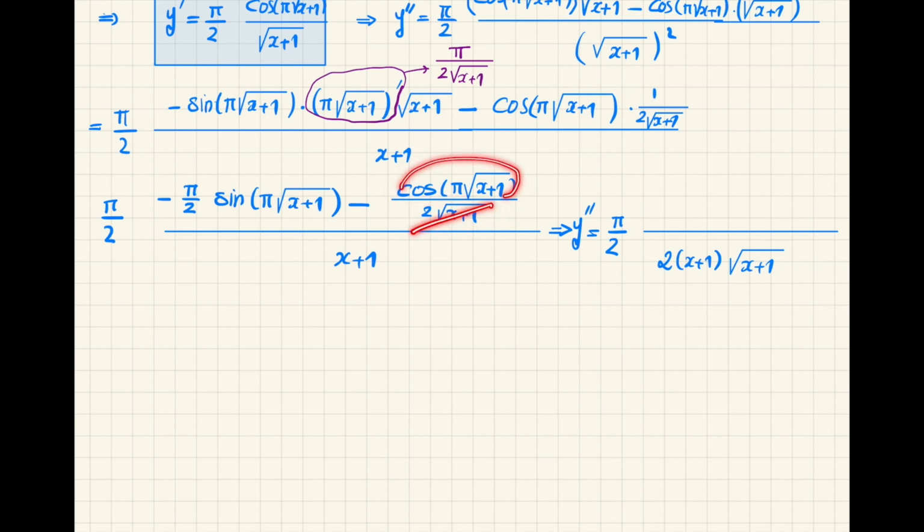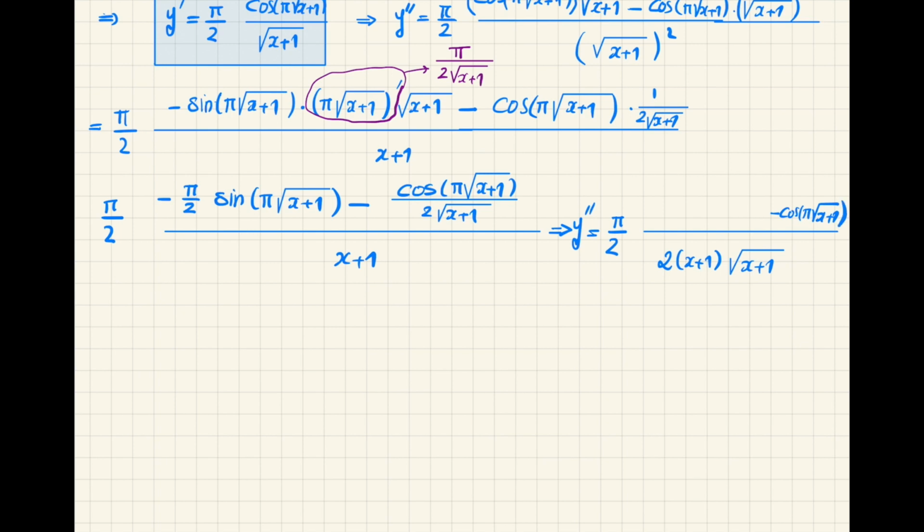What is left for me is this, and I have a negative sign. So let me write it at the very end, so it becomes minus cosine of pi square root of x plus 1. Yeah, it is not very good here. Let me clean this one. So it becomes minus cosine pi square root of x plus 1.